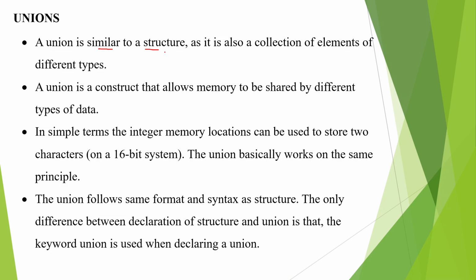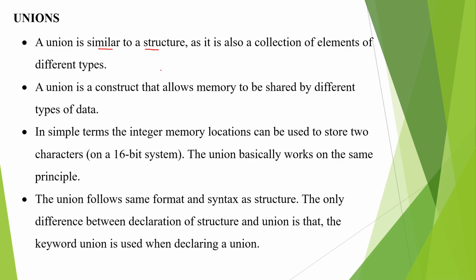A union is a construct that allows memory to be shared by different types of data. When we create a union, we are going to have items of different data types, where every item would have its own memory consumption.